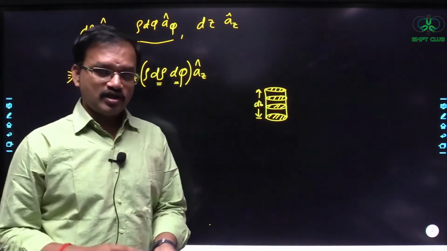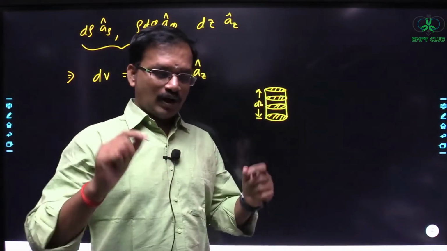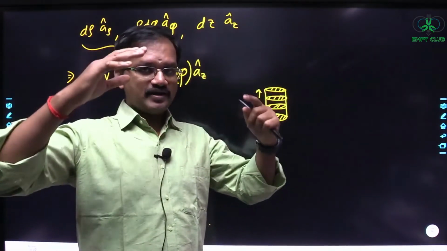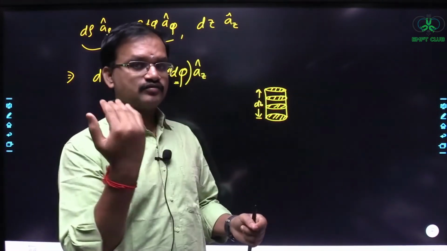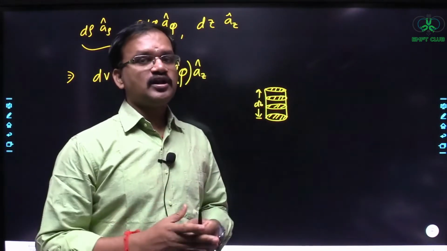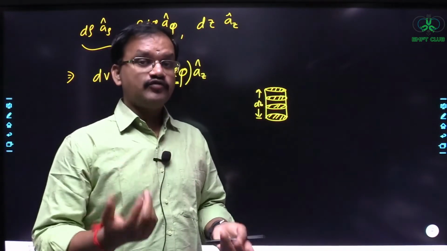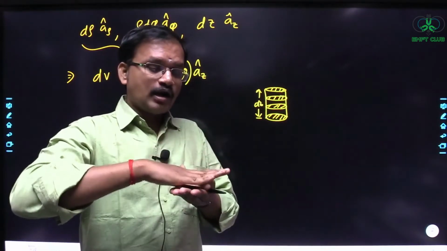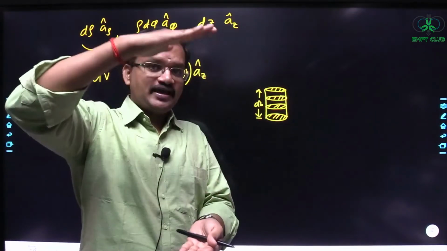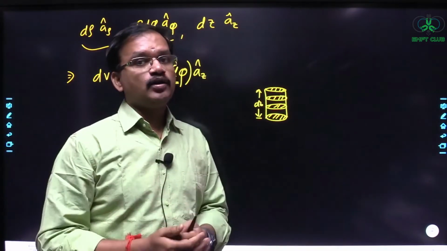See, if you place circular rings one upon the other up to some height h, you are going to get the curved surface of the cylinder. Similarly, if you place circular discs one upon the other up to some height h, you are going to get volume.